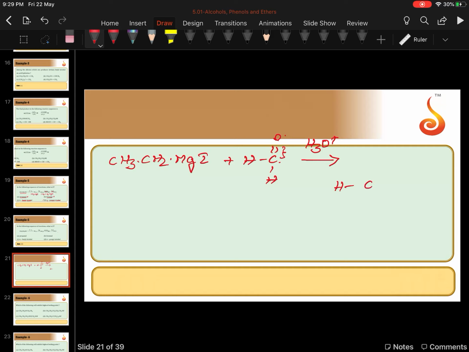So what should I write? HCOH. Here there is already H. And what is R of Grignard's reagent? CH3CH2. CH2CH3. So how many carbon atoms are there in this compound? 3 carbon atoms. So your answer should be n-propyl alcohol.